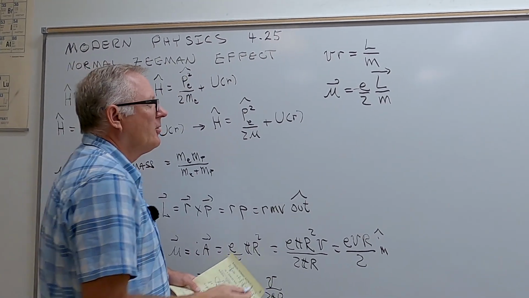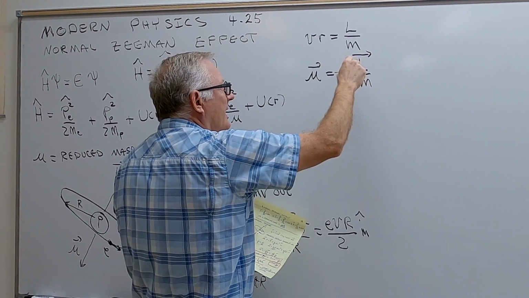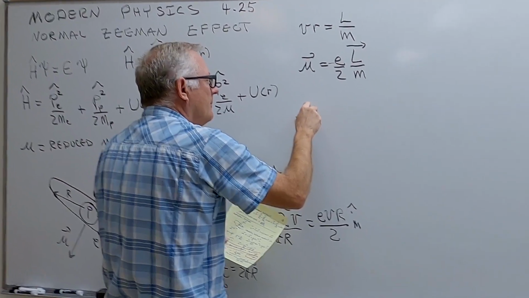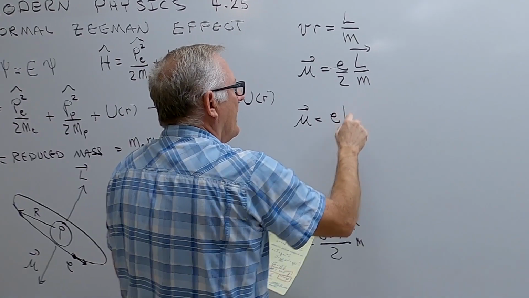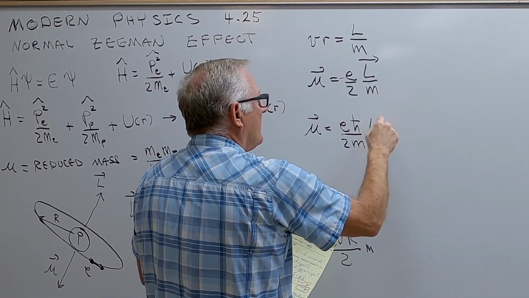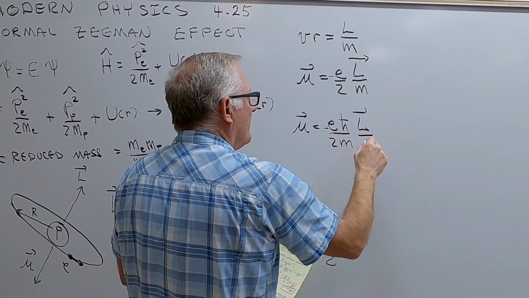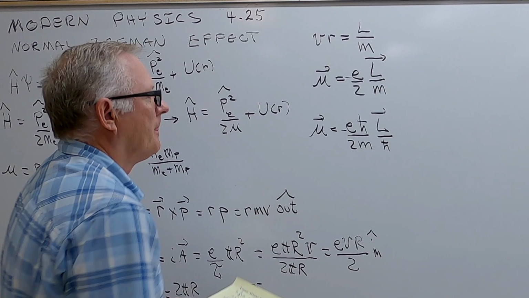Now what I'm going to do is put an h bar up here and divide by an h bar. So mu is equal to e h bar over 2m, times minus L, all over h bar. So there's the two h bars I put in.